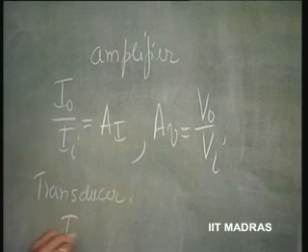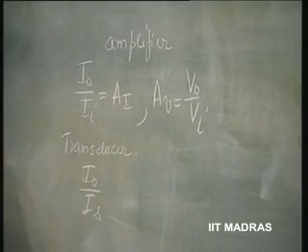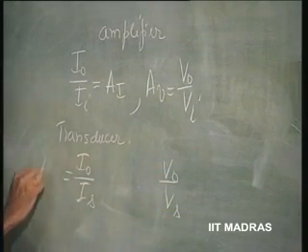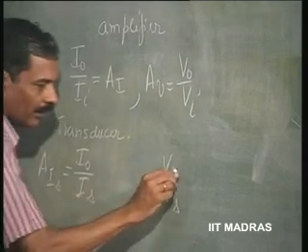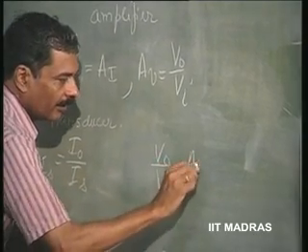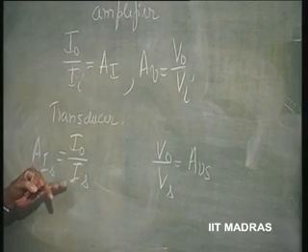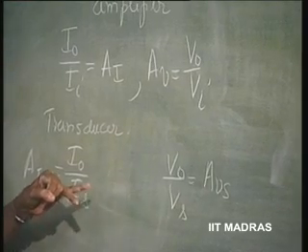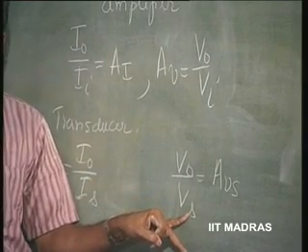That means I naught over Is and V naught over Vs. We will call these AIS and AVS, the distinction. This is the short circuit current for the transducer. This is the open circuit voltage for the transducer.